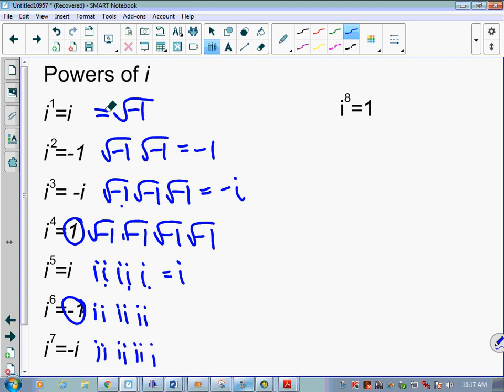So I've got positive 1 times negative 1 is negative 1 times i gets me negative i. And we go all the way over here to 8. 1, 2, 3, 4, 5, 6, 7, 8. Well, we know this is 1 and we know this is 1. So we get 1 out of that.